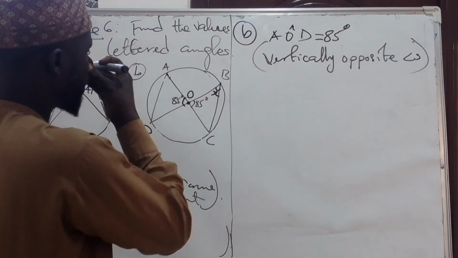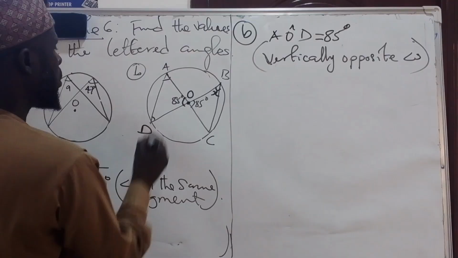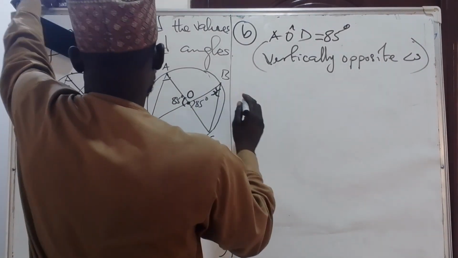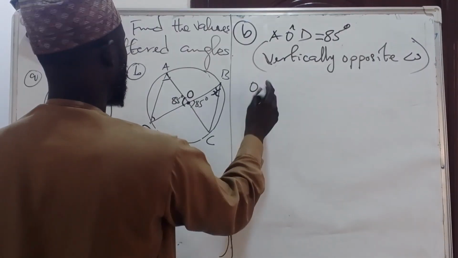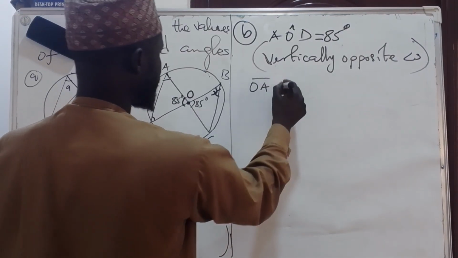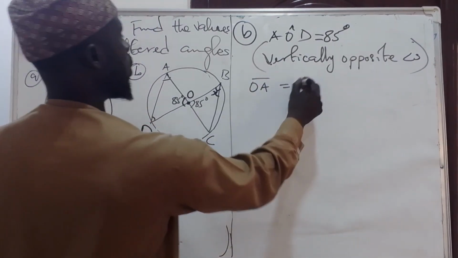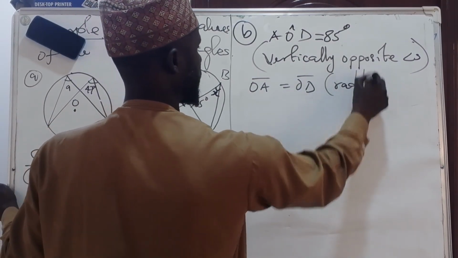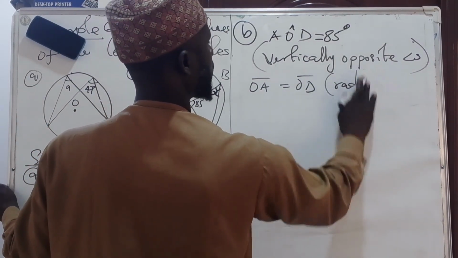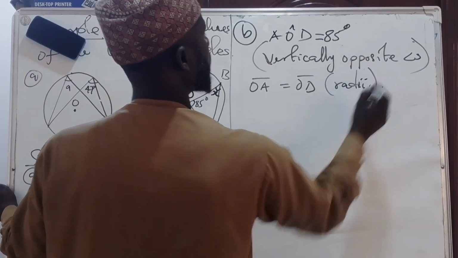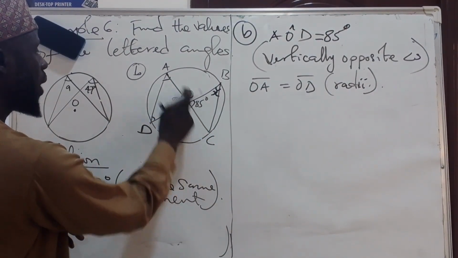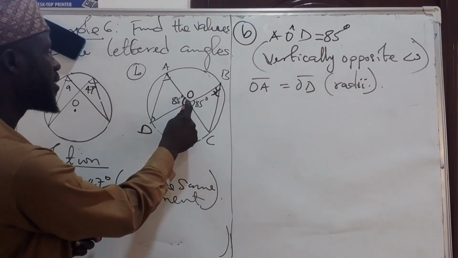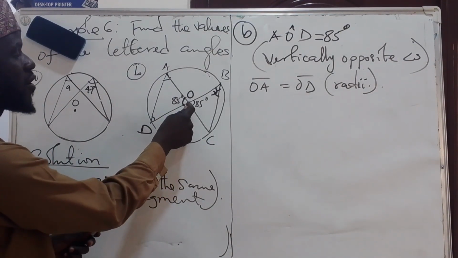But these two angles are equal since OA is equal to line OD. Why? They are radii. OA is equal to OD. They are radii, each starting from the center to a point on the circumference.